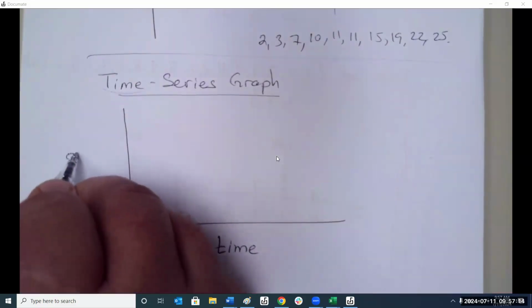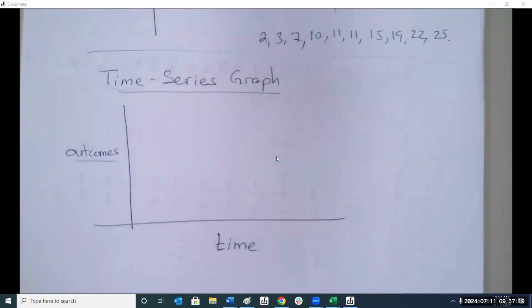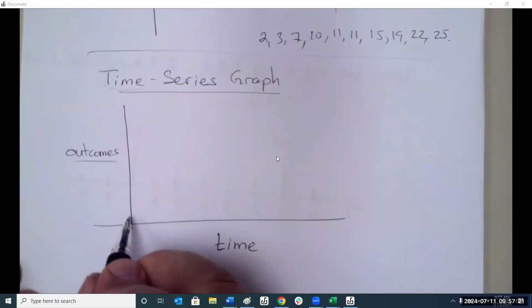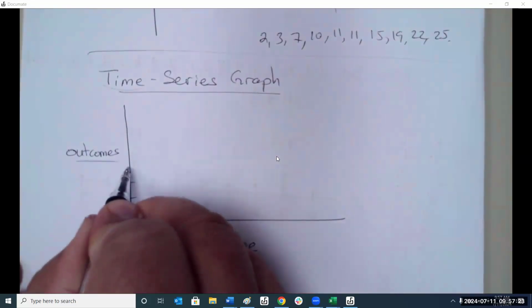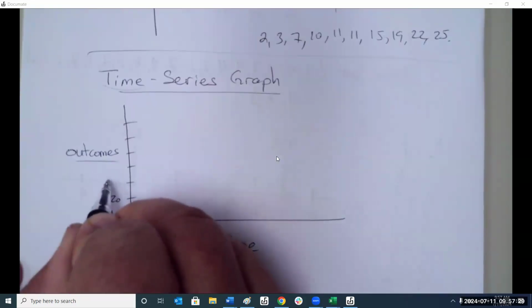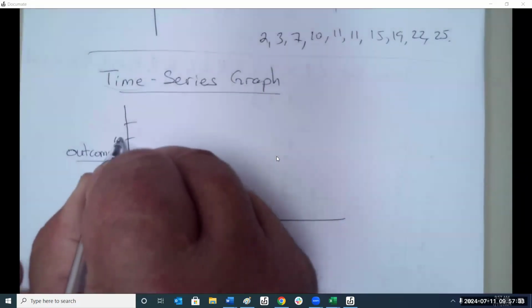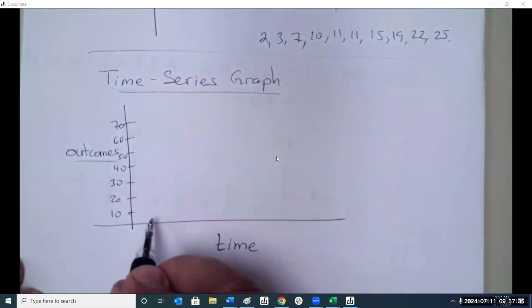And whatever outcomes you're looking at are on the vertical axis. So let's look at 10, 20, 30, 40, 50, 60, 70.